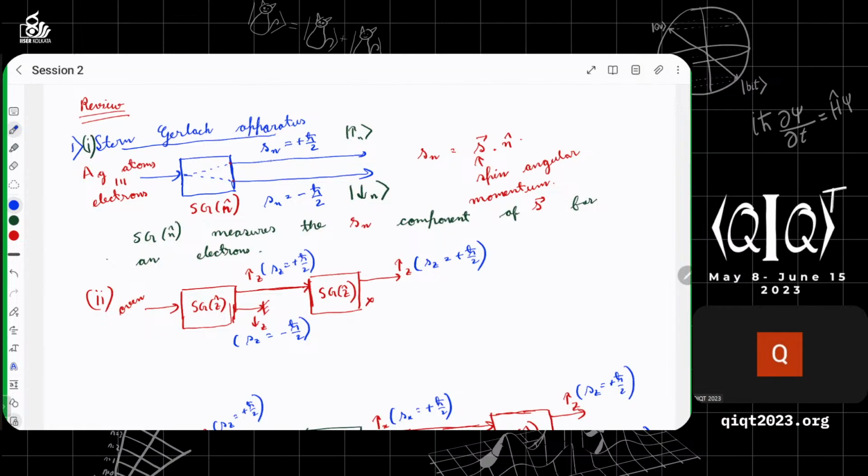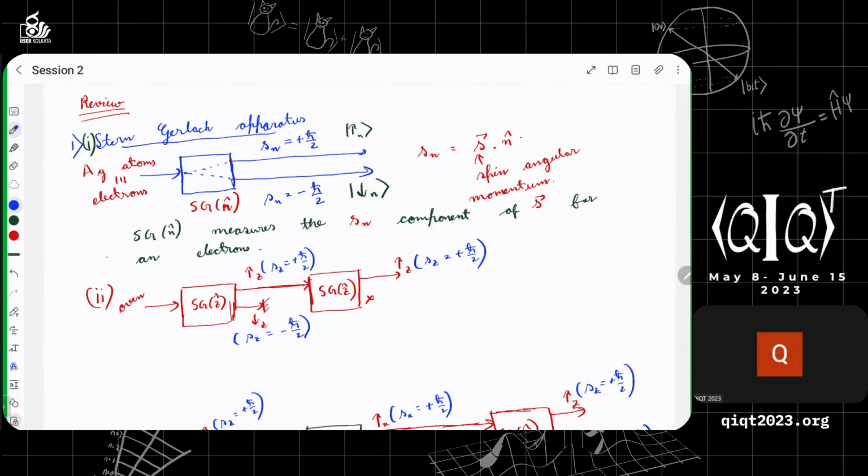So if the Stern-Gerlach apparatus is in some n-hat direction, then we get two spots on the screen. The upper one corresponds to the up spin in the n direction, and the lower one corresponds to the down spin in the n direction.